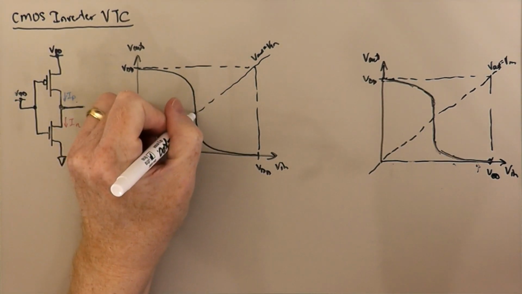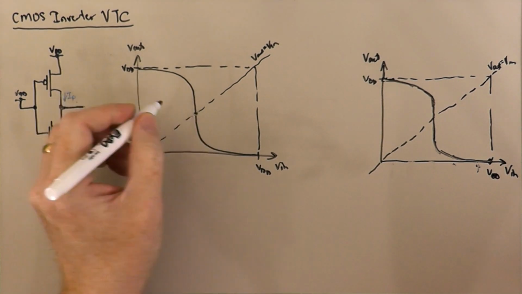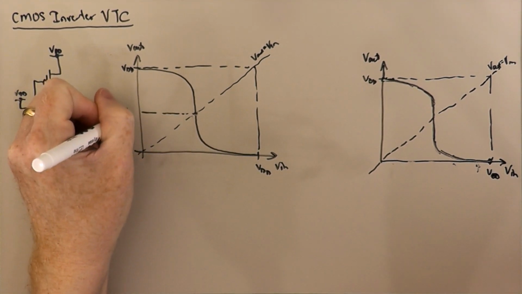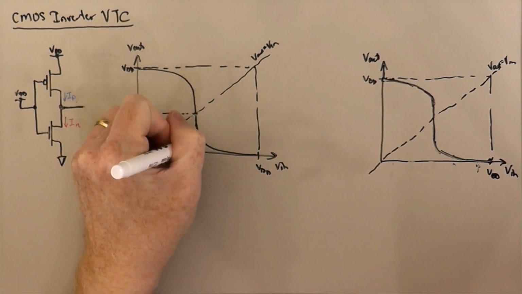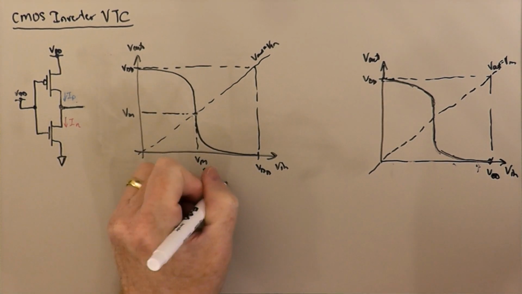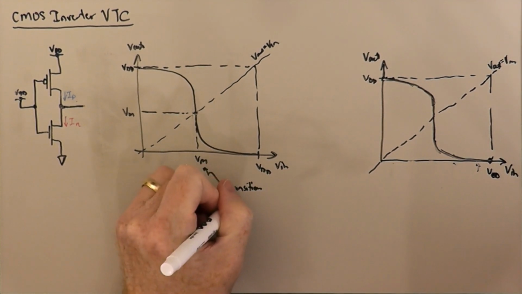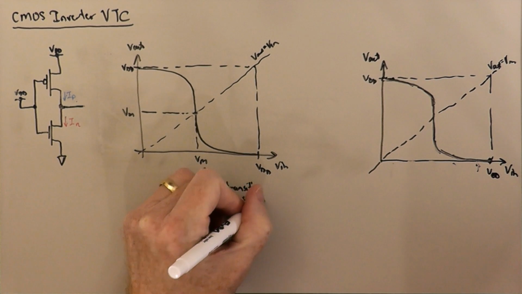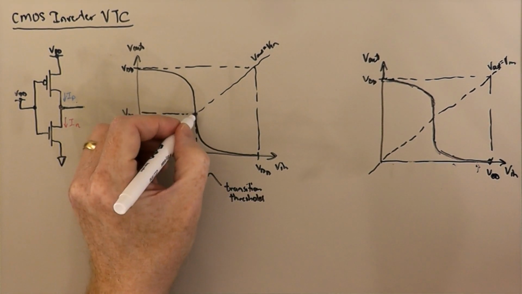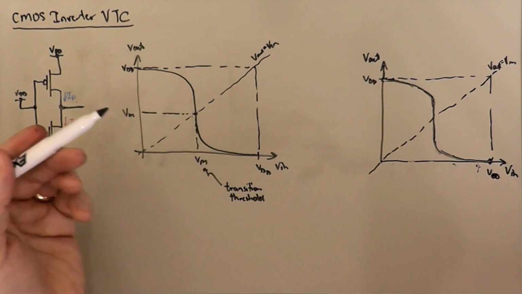The place where this VTC crosses the identity line has a special name. It's labeled VM. And VM is called the transition threshold. It's basically the point at which the output is equal to the input voltage. So this might be VDD over 2, it might not be VDD over 2.